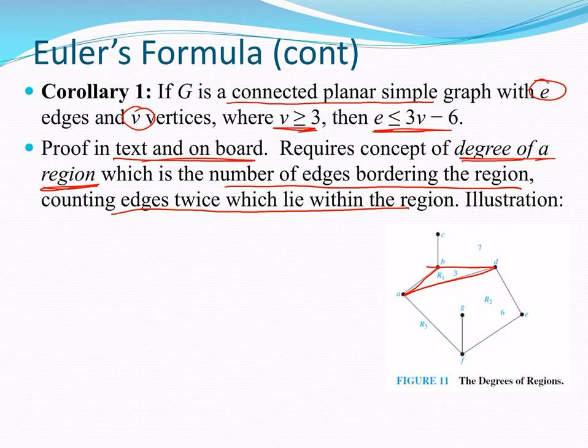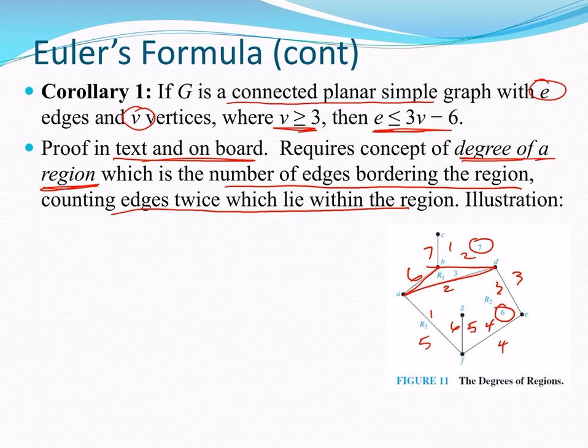For region 2, we count the edges around it: 1, 2, 3, 4, 5, but then we have to count the other side of that edge to get back to our starting point, 6. And 6 is the degree of that region. Let's do the outside region. It also has a degree value: 1, 2, 3, 4, 5, 6, 7 to get back to where we started, and that's the degree of that region.